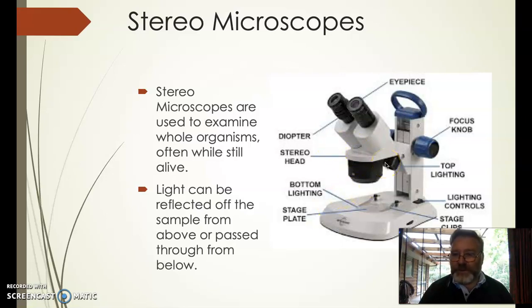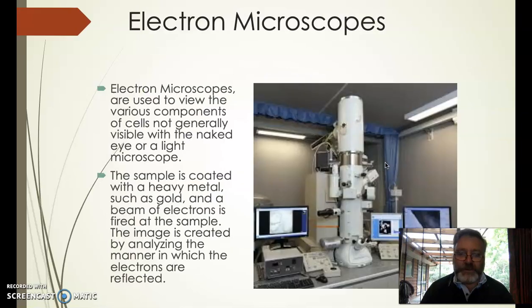The light microscope gives you some internal features, but it wasn't until we got these guys, electron microscopes, that we really started to get a feel for what was happening around organelles and inside the cell. Because obviously with cells so small, the organelles are even smaller, and ribosomes defied description for a very long time because they're so tiny. Electron microscopes basically bounce beams of electrons, so really fine light, off a sample that's been coated in a heavy metal such as gold.